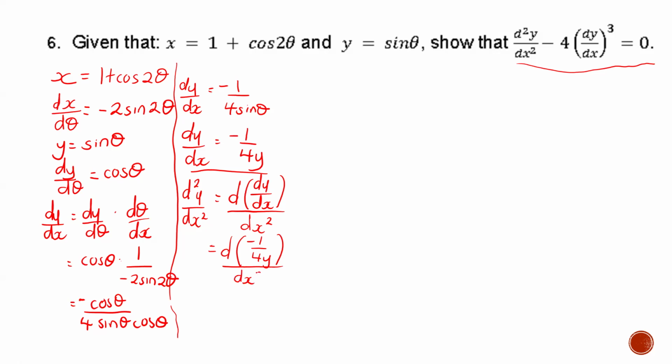So in short, I'm going to remove negative 1 out of 4, put it outside. Then we're left with y to the negative 1, d/dx. Do you agree with that? Okay, wonderful.